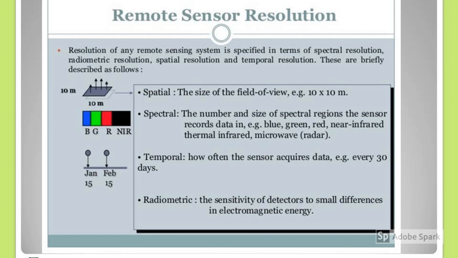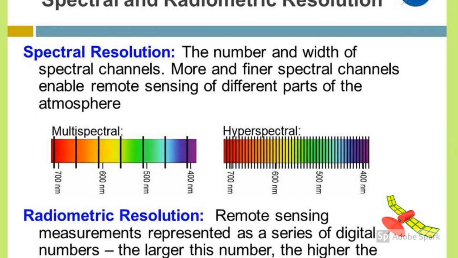Spectral resolution. It refers to the sensing and recording power of the sensor in different bands of electromagnetic radiation. The sensor can observe objects separately in different bands, and in one band it is panchromatic, black and white. For example, Landsat MSS 7 bands, SPOT 4 bands, IRS 4 bands. Figure 21 shows spectral resolution of various satellites.